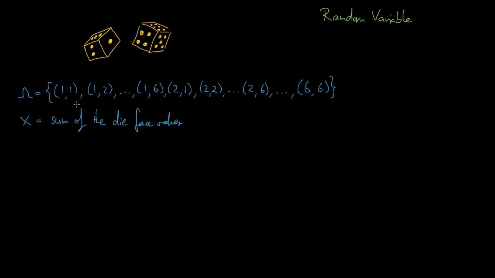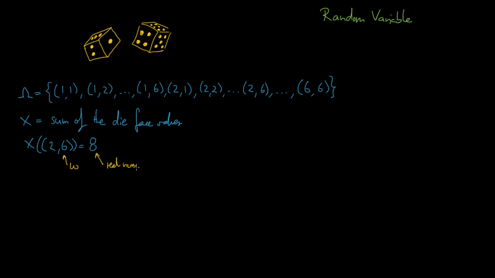And if we want to be more formal about this, we can actually make x a function that takes our outcomes, like 2 and 6, and puts them into the sum of those outcomes. So x is a function that takes as input outcomes, omega, and gives us an output, real numbers.